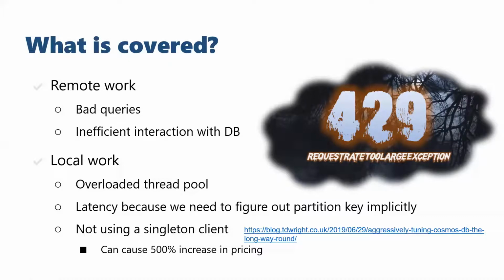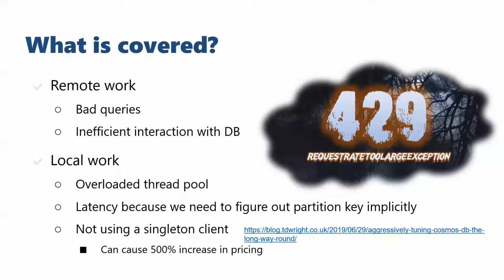But that's just one side of it. The profiler is capable of giving you information about what's going on inside your application that may impact the efficiency of your system. For example, if you're running an overloaded thread pool, you're running at the capacity of your client machine. All of the work inside of the CosmosDB client is done in an async fashion.